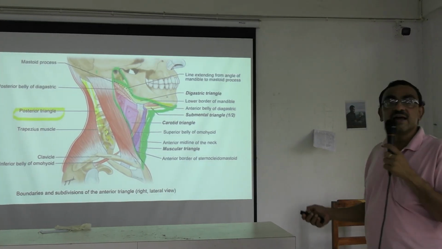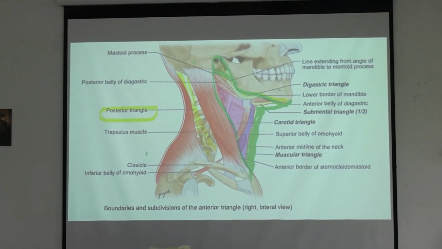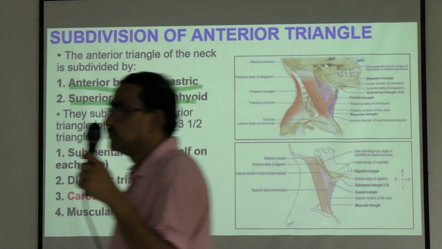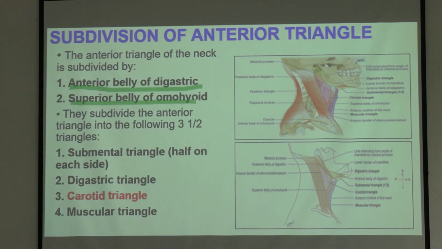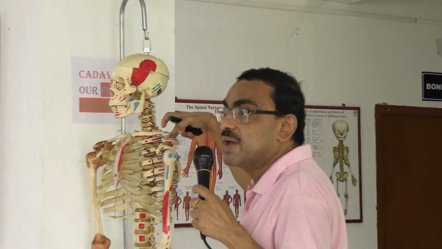Again, this anterior triangle is subdivided by two muscles. One is the omohyoid muscle, and another is the digastric muscle. The omohyoid muscle takes origin from the suprascapular notch.